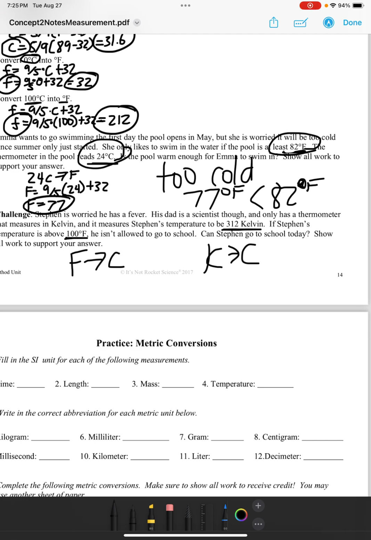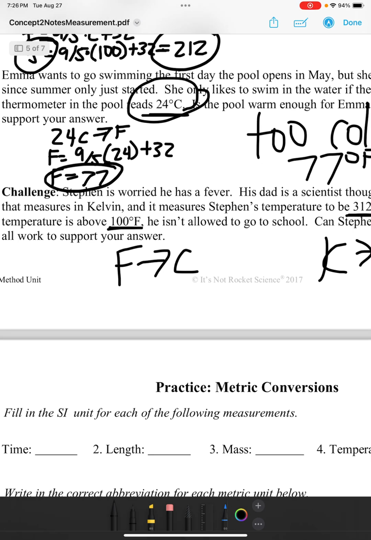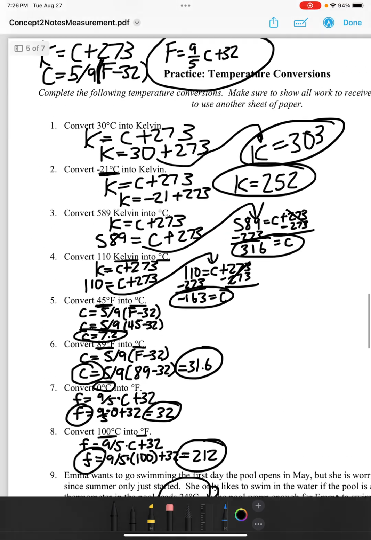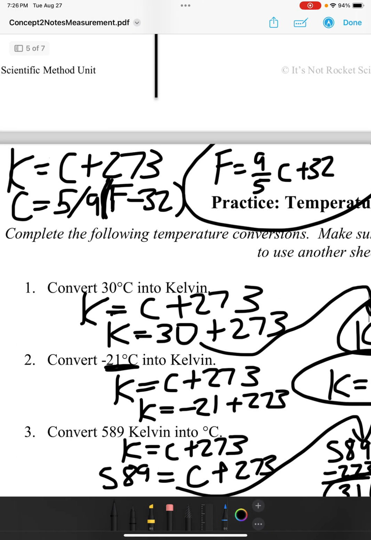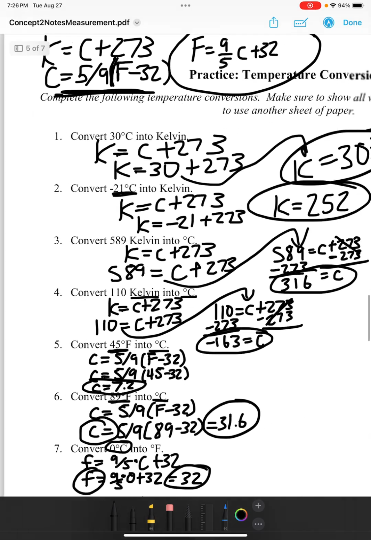So you either need them both to be Fahrenheit, both Celsius, or both Kelvin. There are three different ways of doing that. I'm going to go with the one where we get both of them into Celsius, and then compare them that way. I'm starting with the 100 degrees Fahrenheit. The formula for Fahrenheit to Celsius is this one right here: 5/9 parentheses F minus 32.